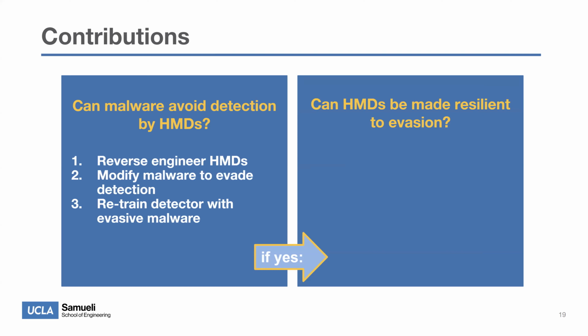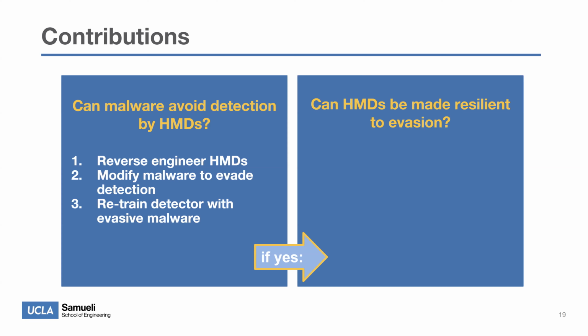In the first part, the paper shows it's possible to accurately reverse engineer HMDs regardless of their complexity. After the detector model has been obtained through reverse engineering, evasive malware is developed. Using these samples of evasive malware, it investigates whether the detector can be retrained to avoid them.